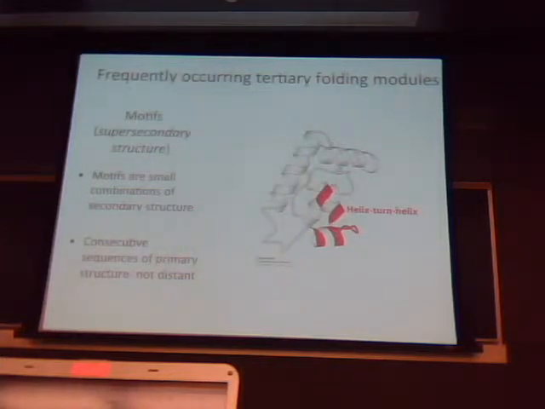However, after solving many structures, we have discovered that nature doesn't just make every new protein new. It appears that in addition to the very basic alpha helix and beta strand, sometimes they put certain alpha helices together in a very fixed way. And this is what we sometimes call supersecondary structure, or we call them motif. Meaning, you see a helix linked by a loop, and then docked to another helix at a certain angle.